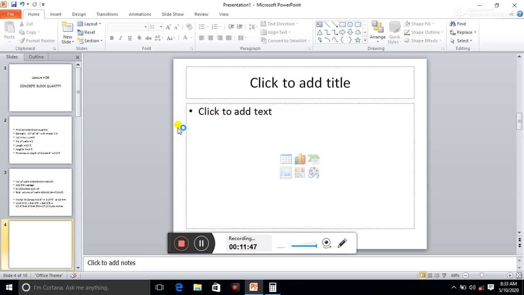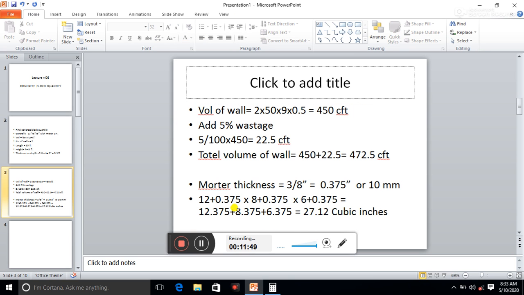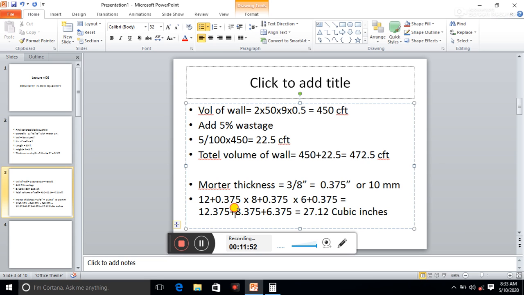Sorry, we made a mistake. We will multiply these quantities, as we have multiplication here.